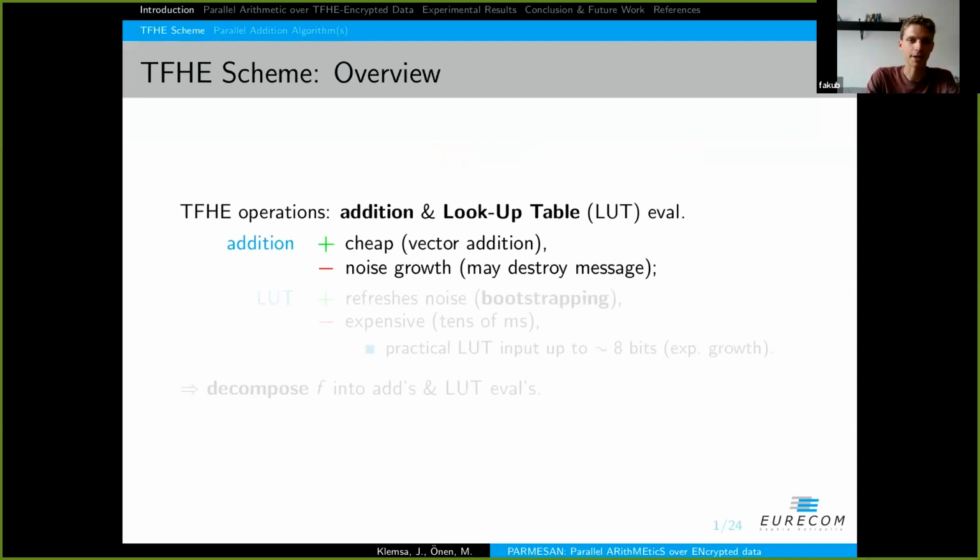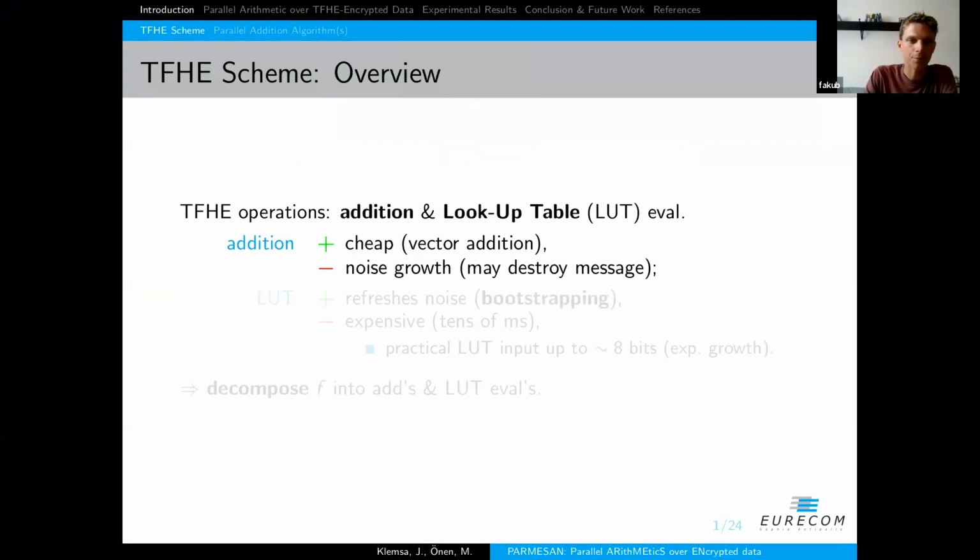For the TFHE scheme, I give a very brief overview. All right, so TFHE operations. TFHE supports two operations over encrypted data, over ciphertext. One of them is addition, and the other is lookup table evaluation. Addition is relatively cheap, but there is a noise that grows.